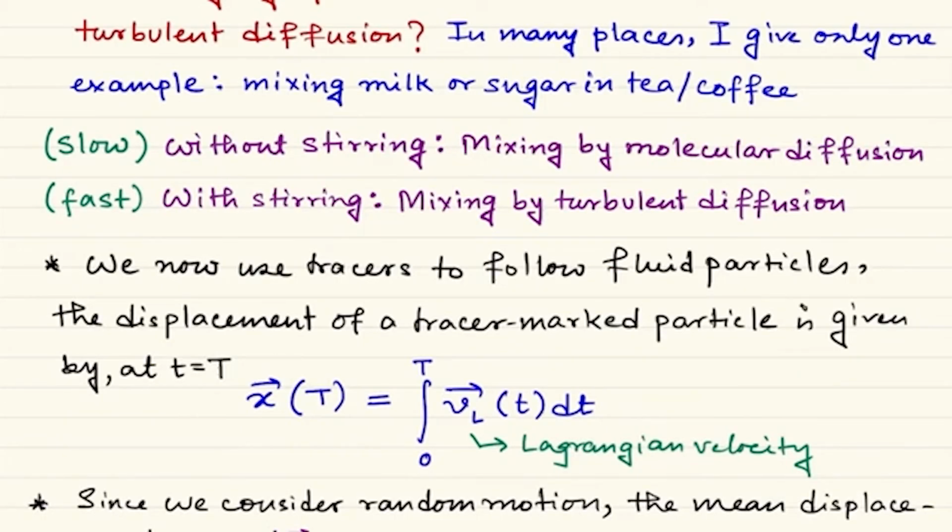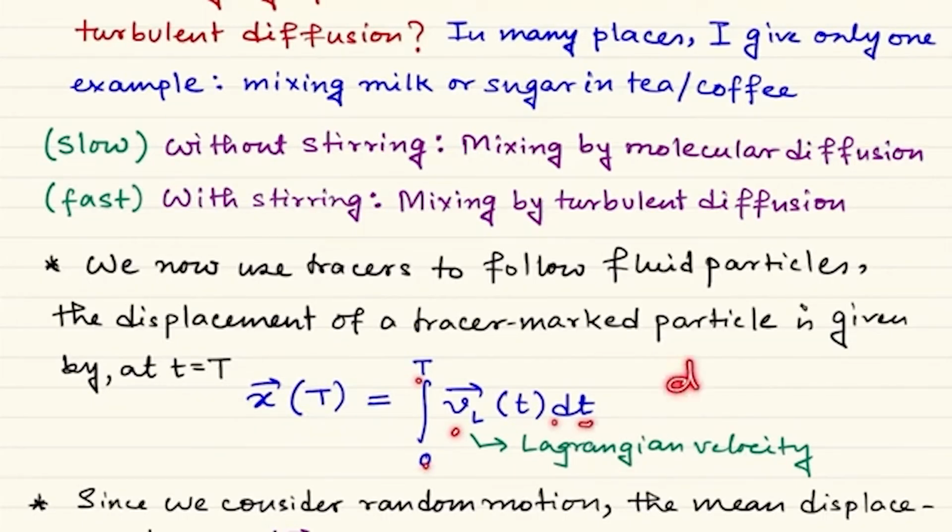Now if we do that, then the displacement of a tracer marked particle is given by this. If you start your watch at t equal to 0, and then you stop your watch at small t equal to capital T, then my displacement vector at t equal to capital T, x of capital T, will be simply equal to the integration from 0 to T of the Lagrangian velocity of the fluid particle, integrated over dt.